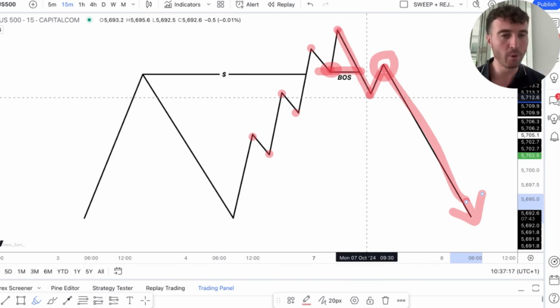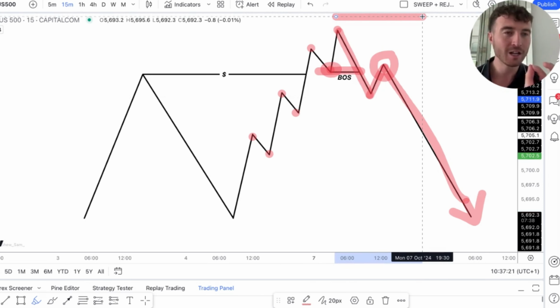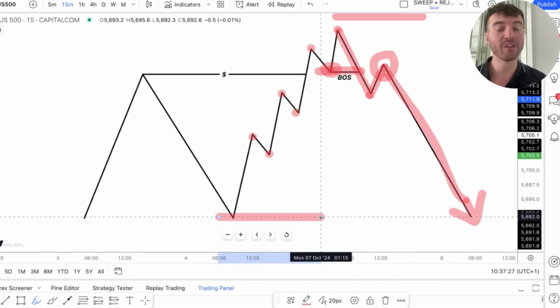Then you can look for a pullback and you have clear invalidation above the liquidity sweep, and then you can target opposing liquidity, which in this case would be external range liquidity, or if you have a mechanical, say 1 to 2, 1 to 3, you can also target that as well. So this is how we can pinpoint our entries once we have seen our liquidity sweep.